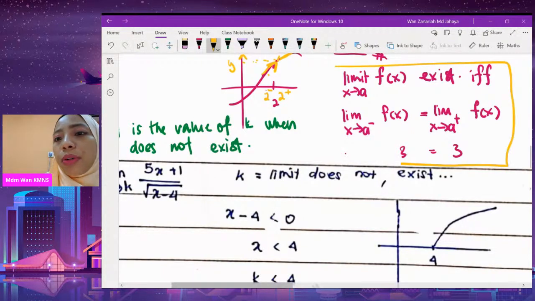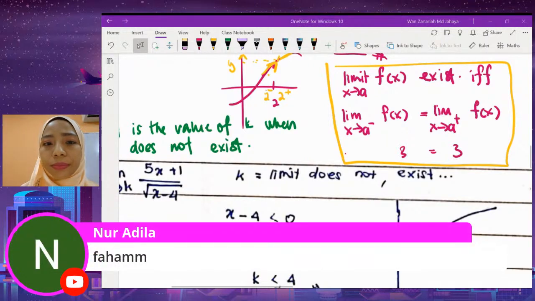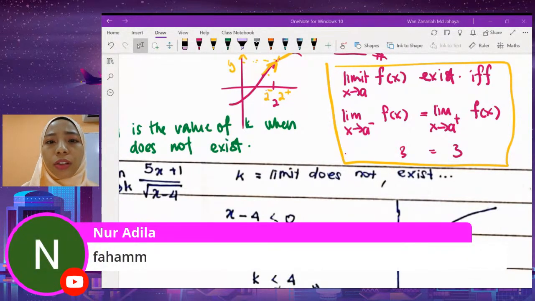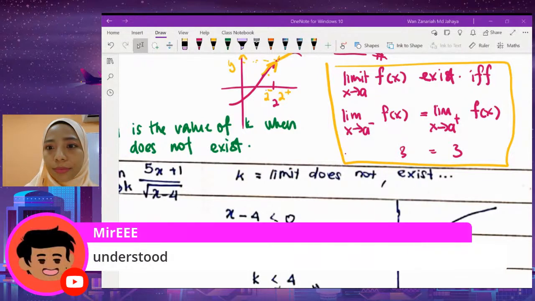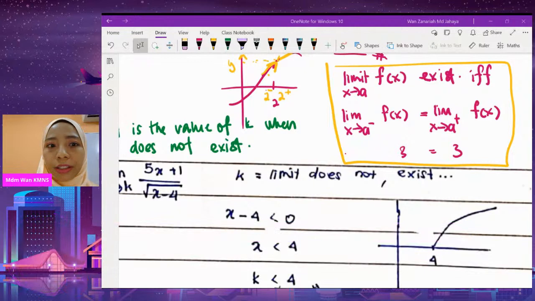So take note of this one. Okay, Nur Adila, Alia, Isa, everyone understands. Okay, very good. Haikal, finally I see you.